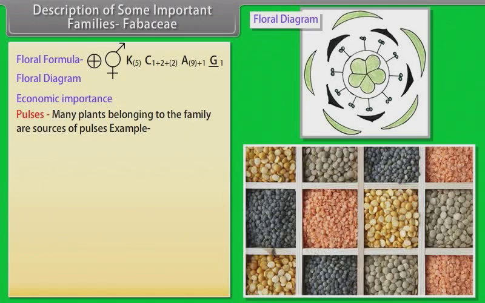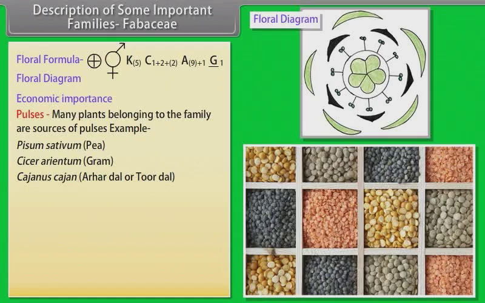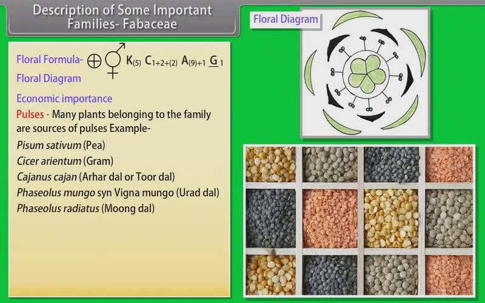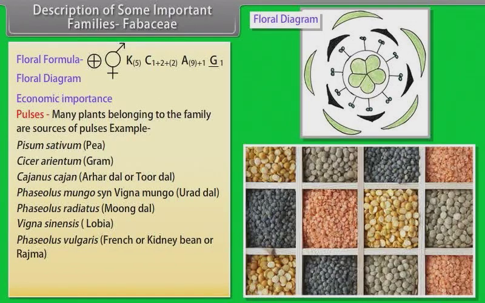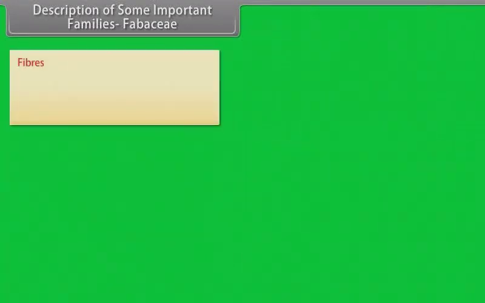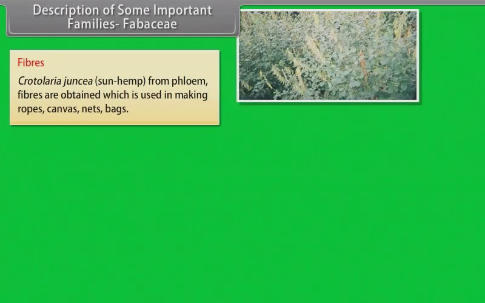Example: Pisum sativum, pea; Cicer arietinum, gram; Cajanus cajan, arhar dal or tur dal; Phaseolus mungo, Vigna mungo, urad dal; Phaseolus radiatus, mung dal; Vigna sinensis, lobia; Phaseolus vulgaris, French or kidney bean or rajma; Lens esculentum, masoor dal; Lathyrus sativus, khesari dal.